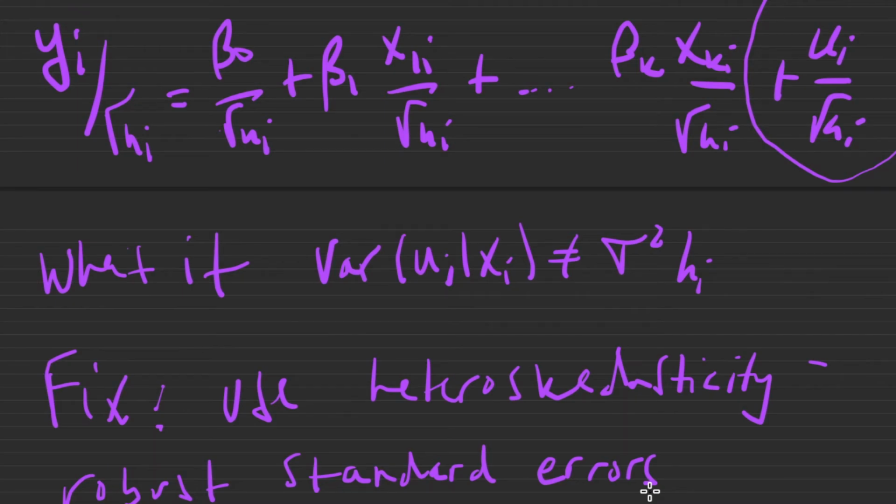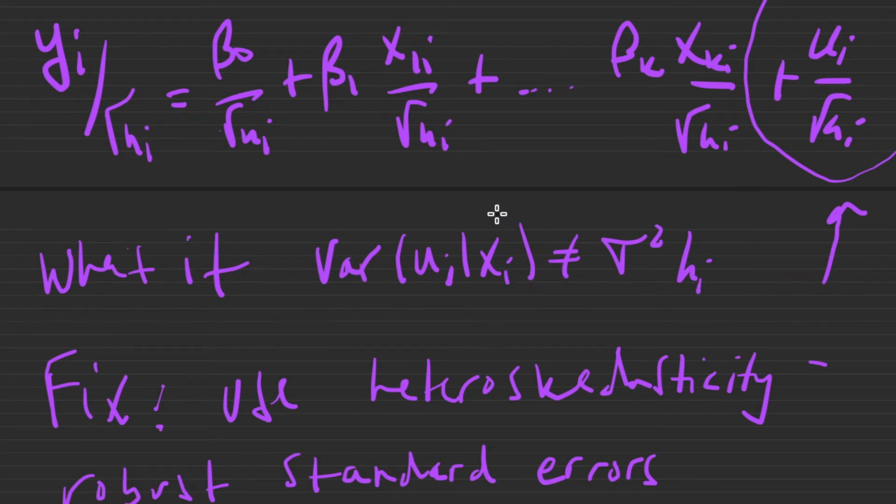So it's good practice to use heteroscedasticity robust standard errors even with weighted least squares estimation, because it's hard to know whether one has truly modeled the functional form of the variance correctly. If one has not, then this term, ui over square root of hi, will still demonstrate heteroscedasticity, and then our standard errors and test statistics will be invalid.